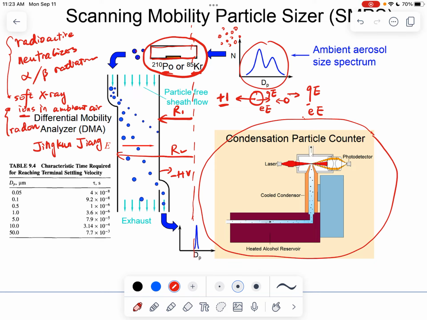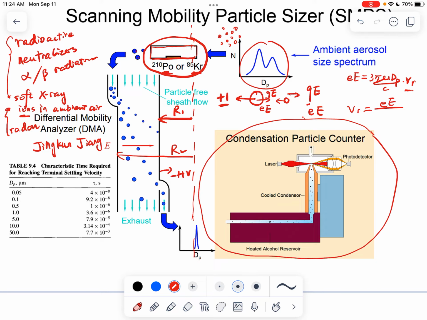To counterbalance the electrostatic force, there will be a drag force acting on these particles. If we set up the equation, we have eE equals 3 pi mu dp divided by C, multiplied by V. Let's name it VR.